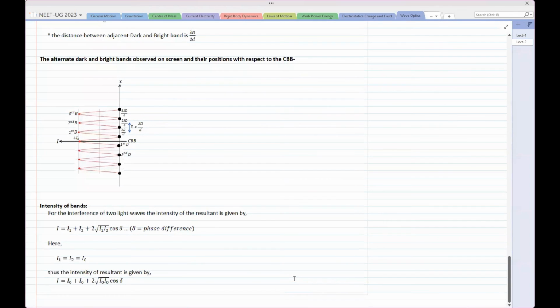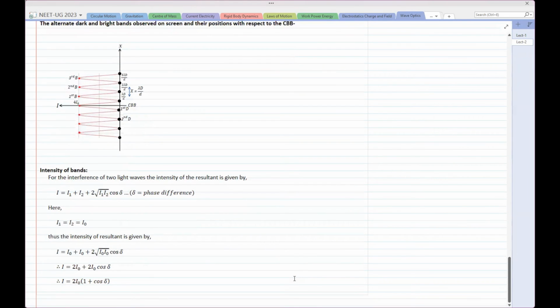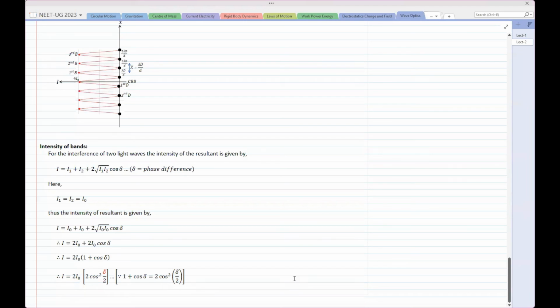So the intensity of the resultant is I naught plus I naught plus 2 I naught cos delta, which reduces to I is equal to 2 I naught (1 plus cos delta), which can be written as 4 I naught cos square delta by 2. 1 plus cos delta is equal to 2 cos square delta by 2.